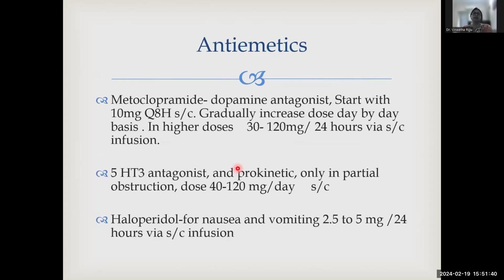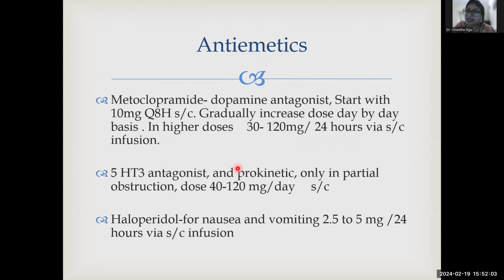So antiemetics: metoclopramide, a dopamine antagonist, you can start at 10 milligram, 8 hourly. You can keep increasing the dose. Or sometimes when IV access is difficult, subcutaneous access is also there, which is very commonly preferred in palliative care. And again, 5-HT3 antagonists.